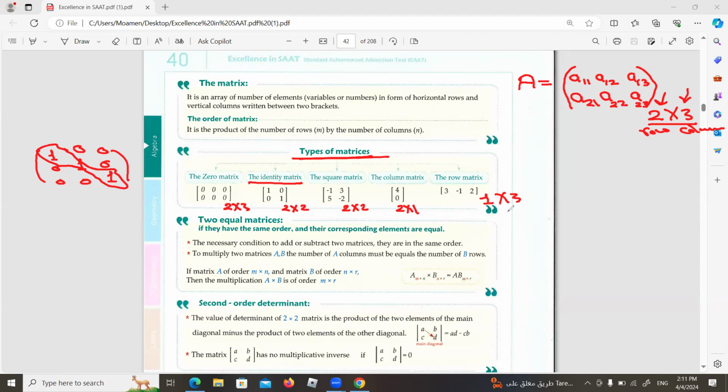Two equal matrices. Two matrices are said to be equal if the corresponding elements are equal.